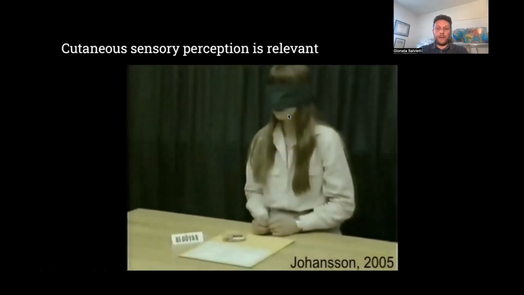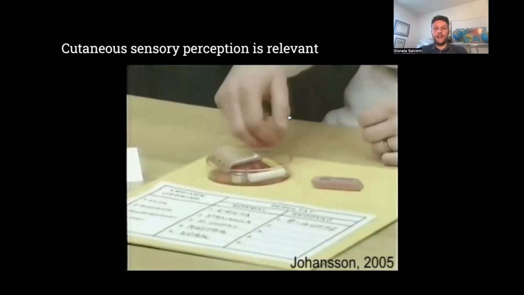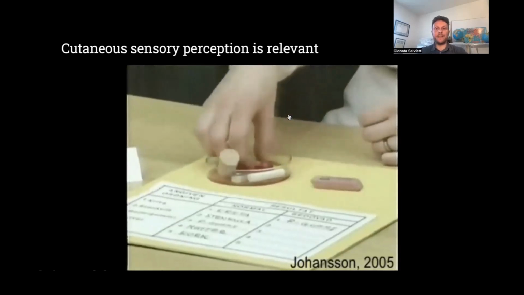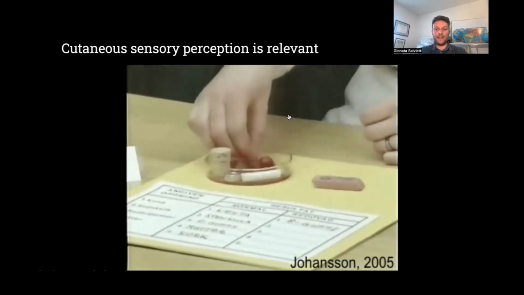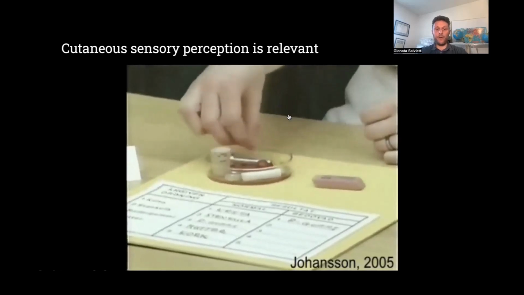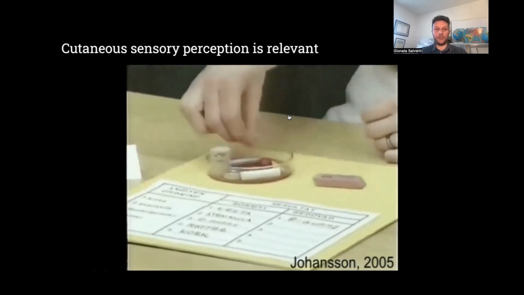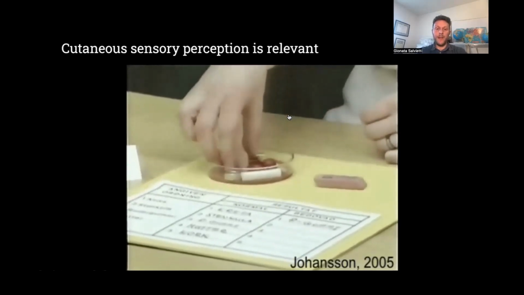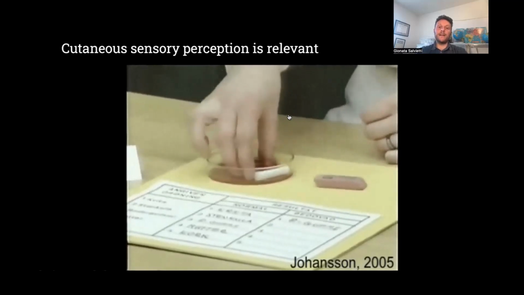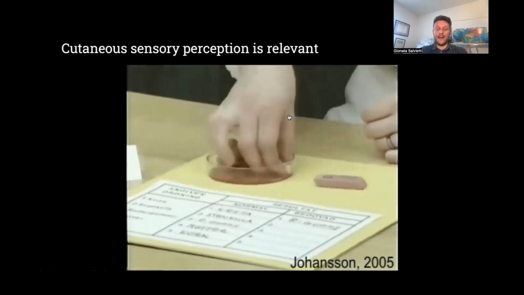So what we focused on with our research is to exploit not exactly all the aspects of touch, but to focus on cutaneous sensation. You can see here a very famous video from Professor Johansson, where the girl has her skin anesthetized.